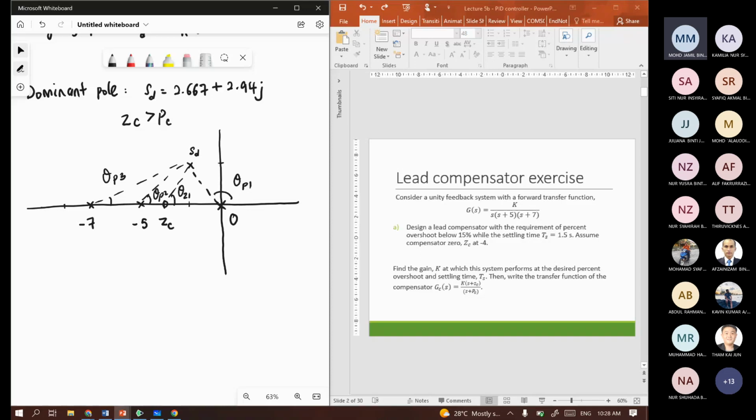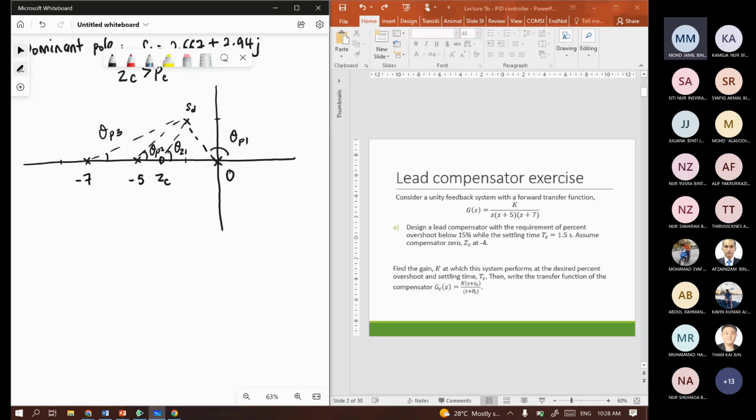So let's find the angles theta P1, theta Z1, theta P2, and theta P3. Firstly is theta P1. It's this angle, so you can use 180 minus tangent inverse of this angle here.